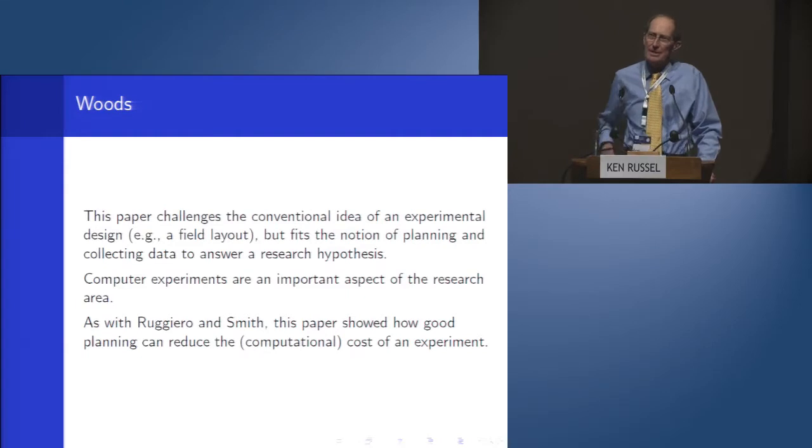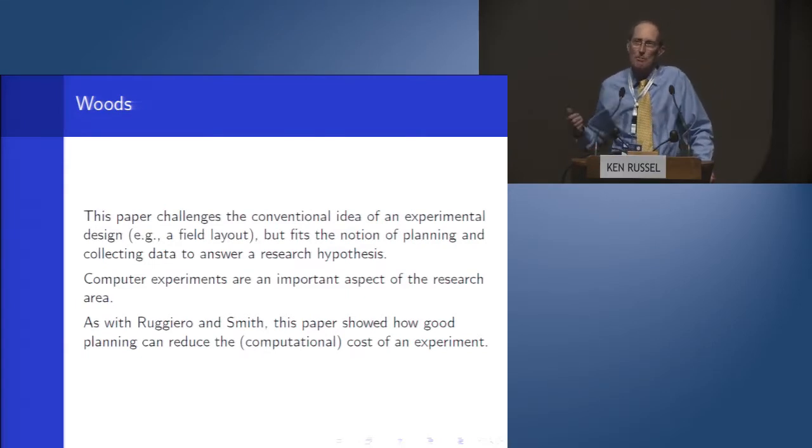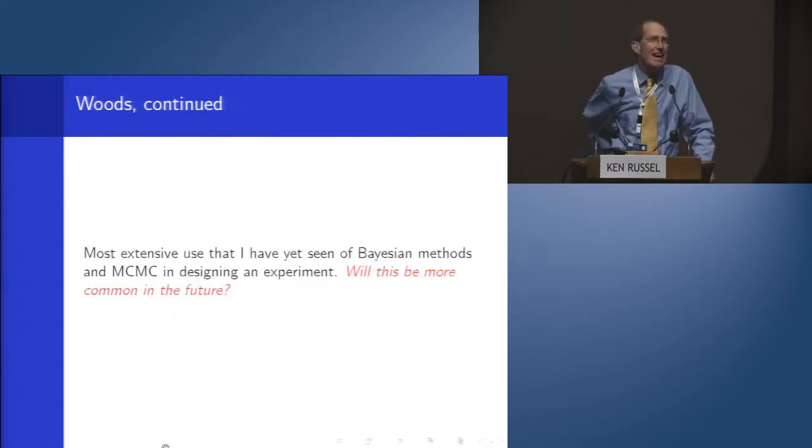While Dave wasn't necessarily trying to reduce actual monetary costs, he was certainly interested in reducing the computational cost of an experiment. And it was, to me, the most extensive use that I've seen of Bayesian methods and MC in designing an experiment, and I assume that there'll be lots more of this in the future.